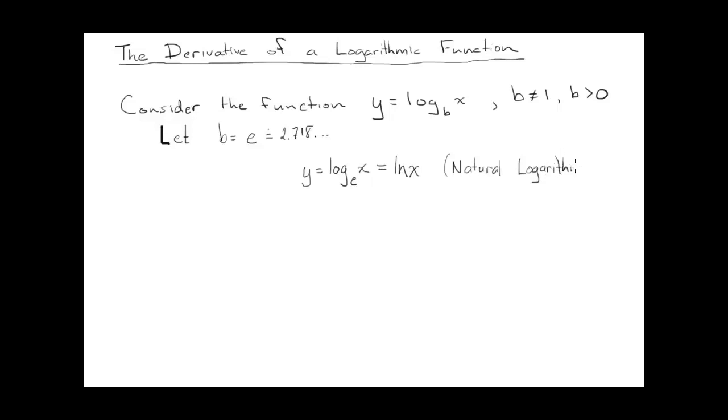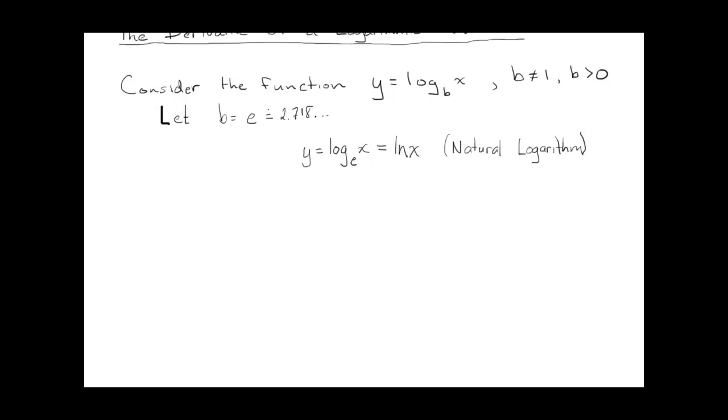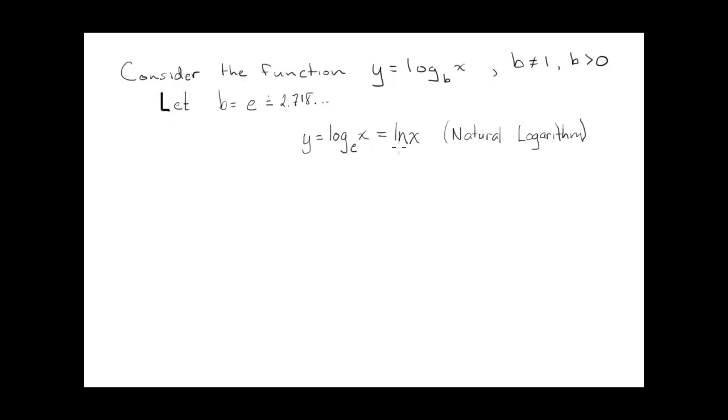So especially in calculus, this is going to end up being the logarithm which you use the most. So we use it so often that we just give it special notation. Now sometimes you'll see people read this as "ln." Now that's not an official name.